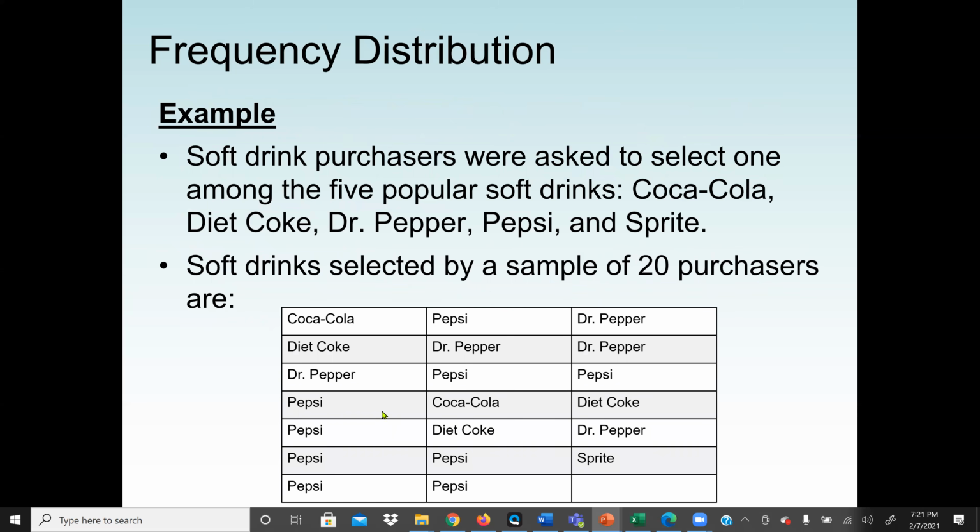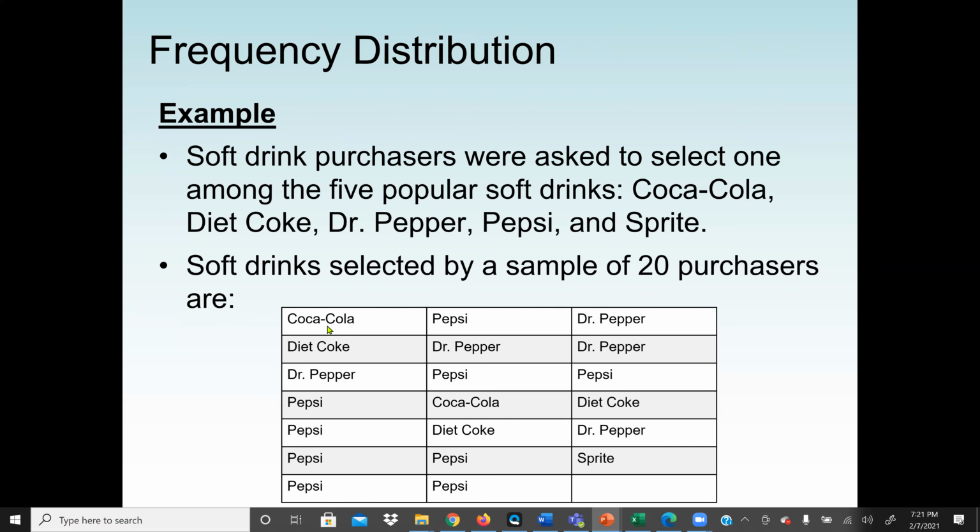So here's an example. Let's say we have a data set of different types of soft drinks: Coca-Cola, Diet Coke, Pepsi, etc. And in this data, we can see that it's not organized. Here we have 20 purchases of soft drinks.